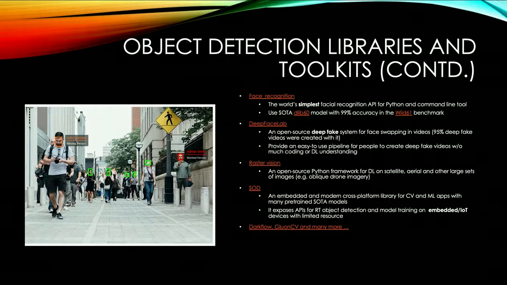Also, RSVision is useful for satellite imagery and other large drone images for object detection. SOD is another embedded and modern cross-platform library for computer vision and machine learning for IoT and other systems. And also Darkflow, GluonCV, and many more.